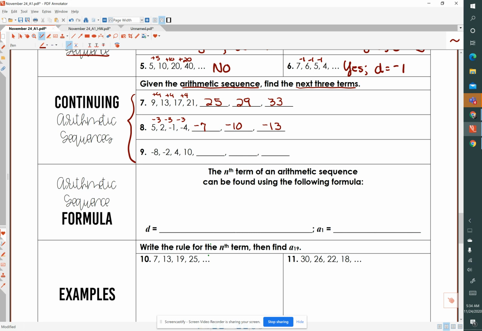Okay, so what's happening between negative 8 and negative 2? We're adding 6, negative 2 to 4. We're adding 6 and 4 to 10. We're adding 6. 10 plus 6, 16, plus 6 more, 22, plus 6 more, 28.